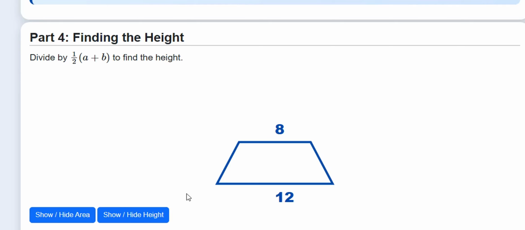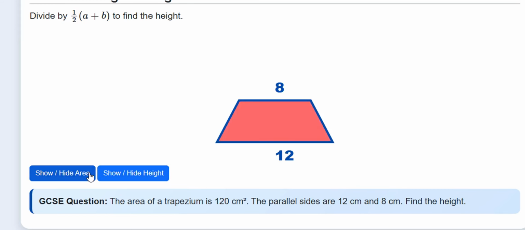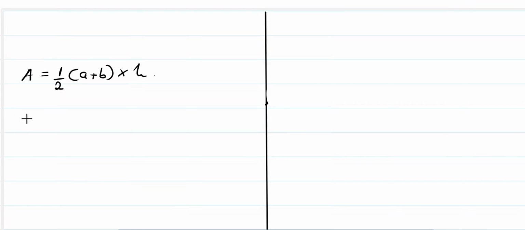So the first thing we do is, of course, we know the area A of a trapezium is given by half into a plus b multiplied by height. But in this question, area is the region enclosed by the sides of the trapezium, and the height is what we are being asked. I know the area itself is 120 centimeters squared.